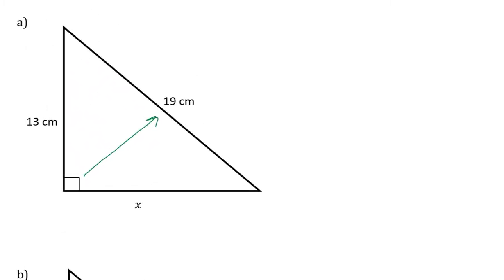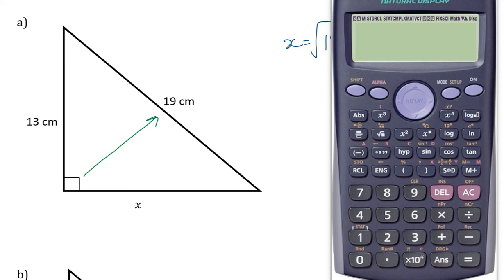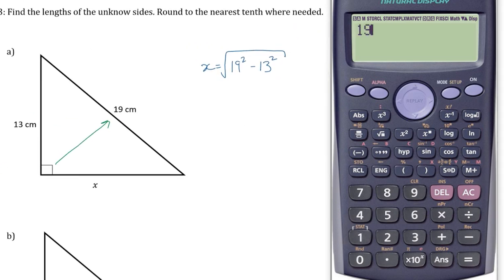Okay, so what we want to remember for this one is when I'm finding x, it's the biggest minus the smaller, because this one's bigger than both the other 2, so I have to subtract to find the one I'm looking for. But I have to square everything, and I have to take the square root of everything. Okay? And so I'm going to do 19 squared, which is 361, and 13 squared, which is 169.